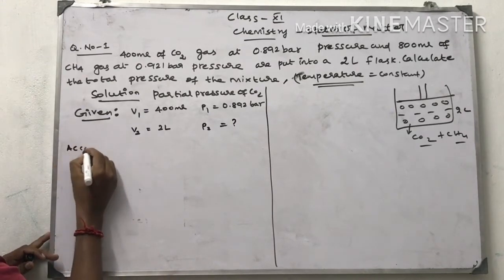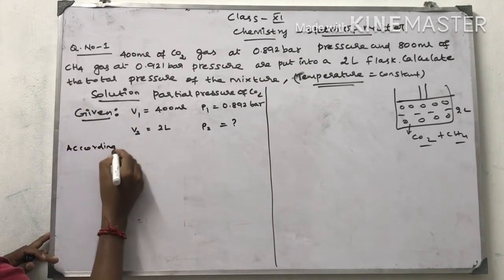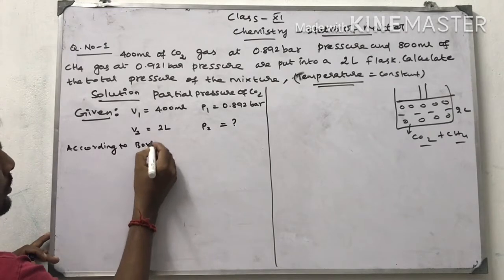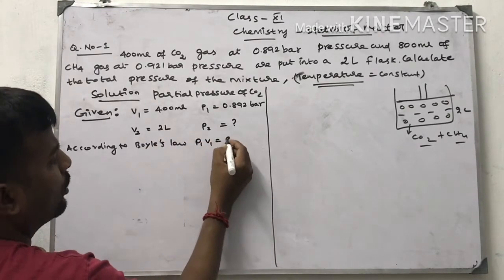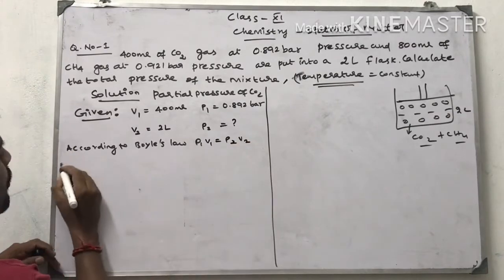According to Boyle's law, P1 V1 is equal to P2 V2. How do we get this?